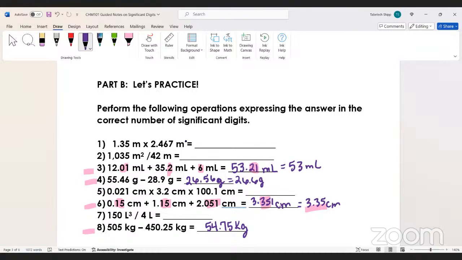Okay, Precious put 55. Jacqueline also put 55. Y'all are correct. 55 kilograms. And again, here's why.